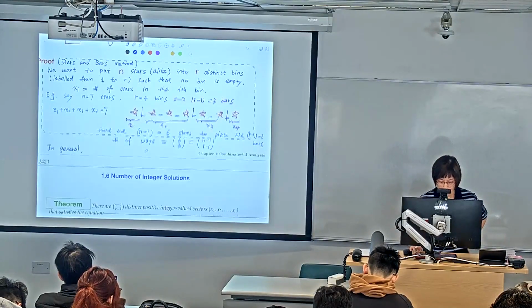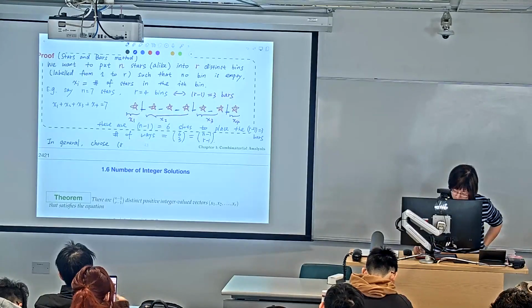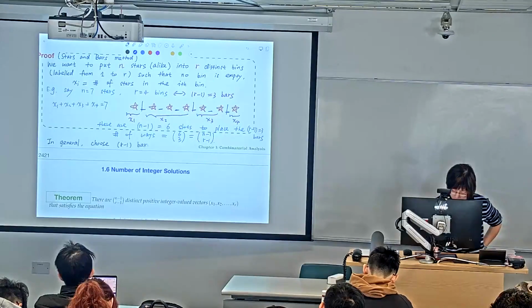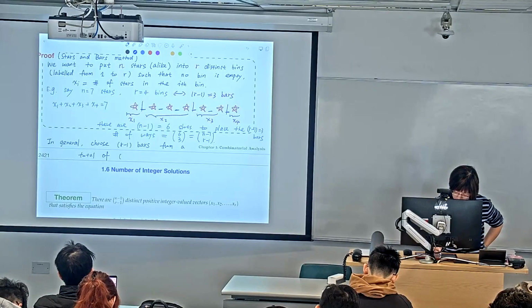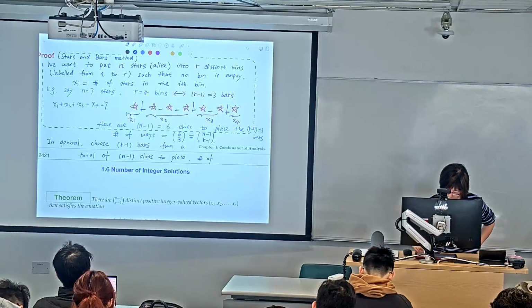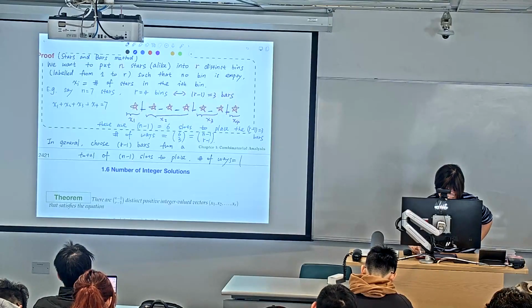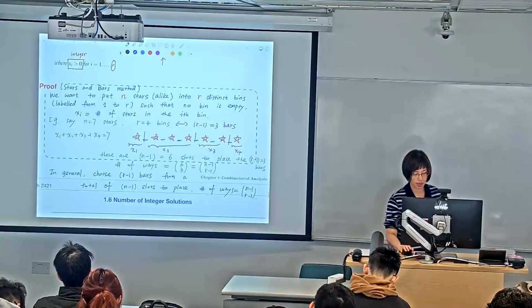So the number of ways is n minus 1 choose r minus 1. Hope this makes sense.